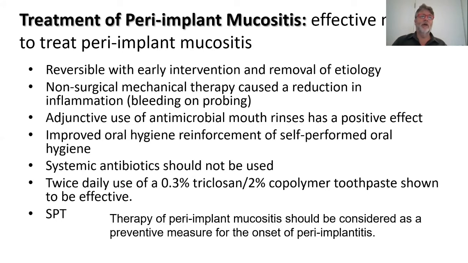It has been shown that a twice weekly regime of using a mouthwash with this diluted concentration of bleach is very effective at reducing bleeding on probing and preventing plaque buildup. So if you have a patient that is finding it difficult and they've got a full arch restoration or a large restoration that's difficult to clean, then prescribe 0.25% bleach.